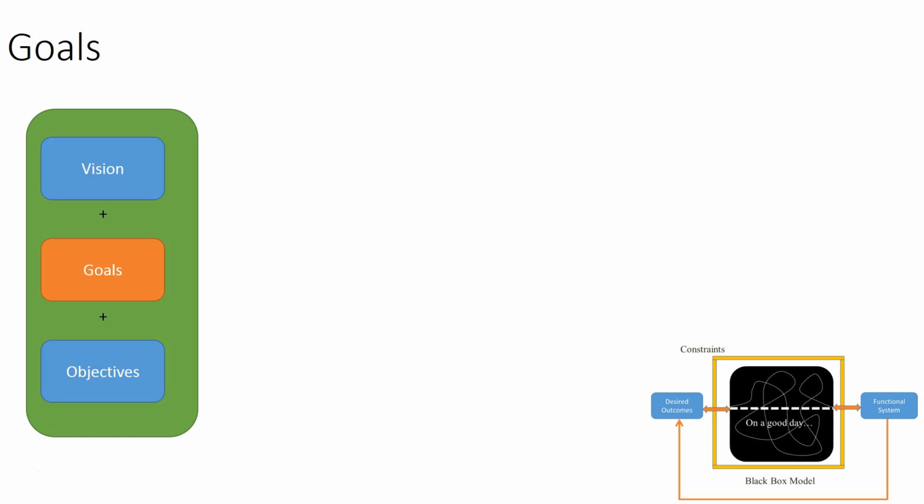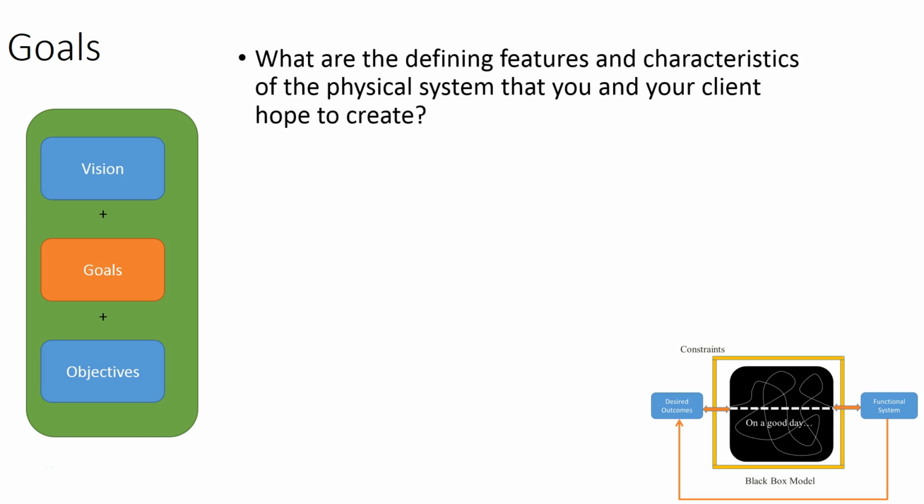The next item that we're going to be looking at relates to goals, and so we've finished discussing vision, and now for the goals, what we're really looking at this level is trying to identify some features that really distinguish or differentiate your project.